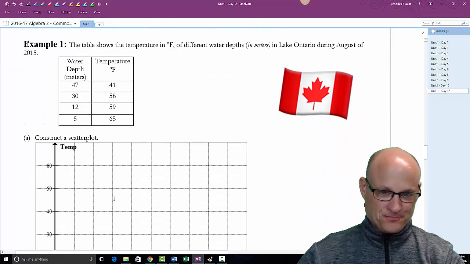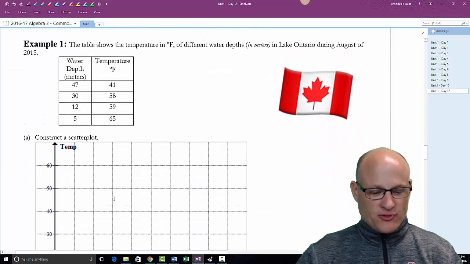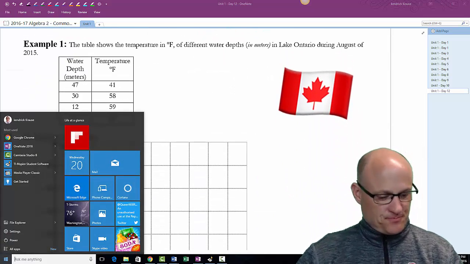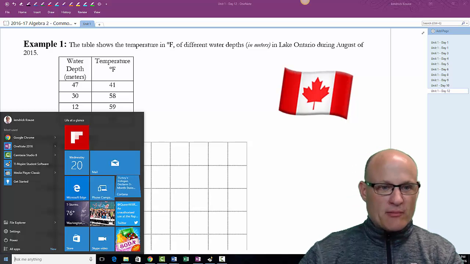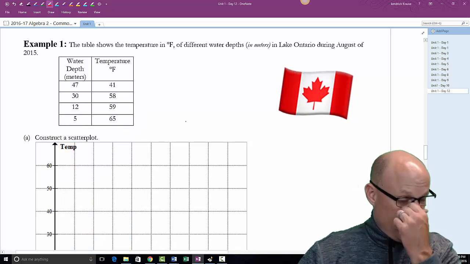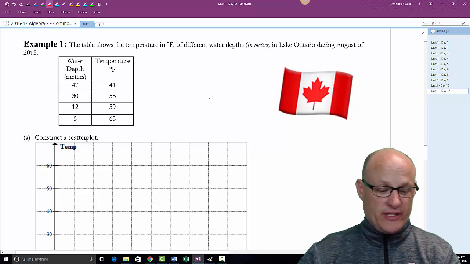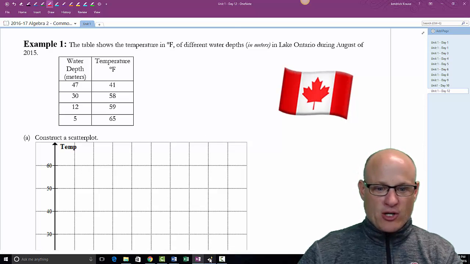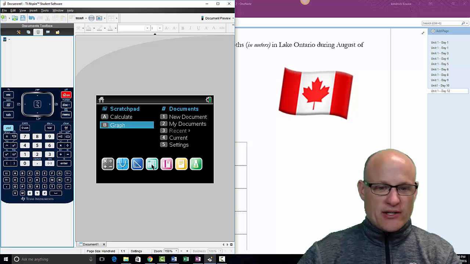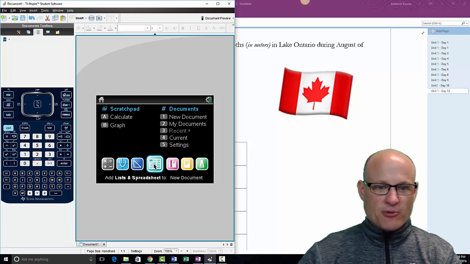Let's do a problem. All right, so I think I have my calculator up. I'm going to be looking down at my numbers. So we're going to get those numbers into a calculator. Freeze this now if you need those numbers. So I click on this. That gives me my spreadsheet.